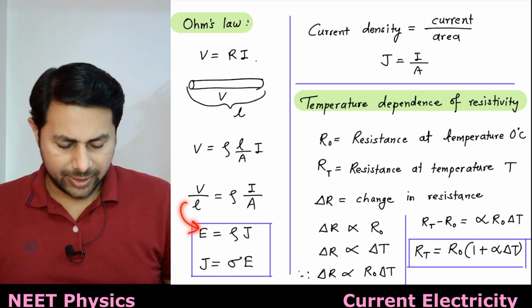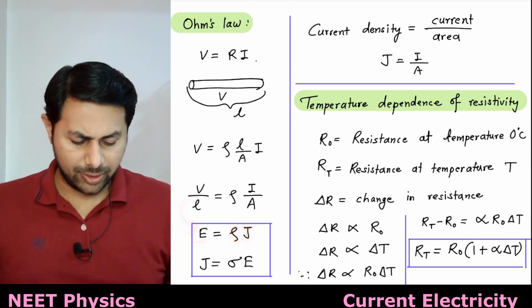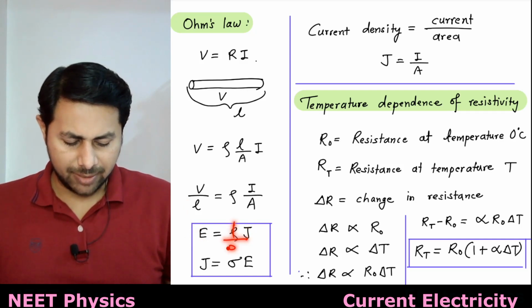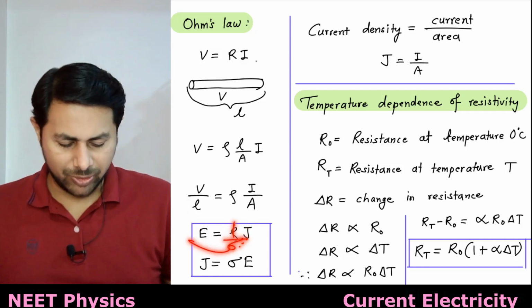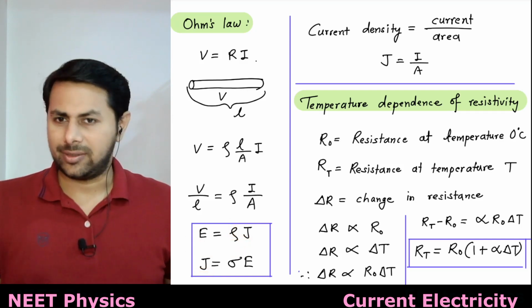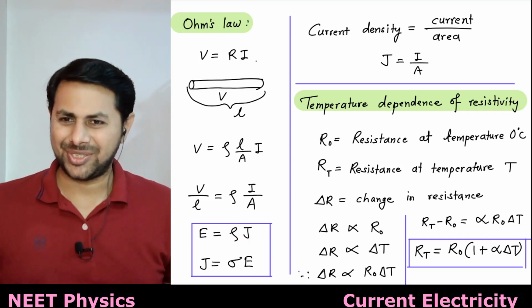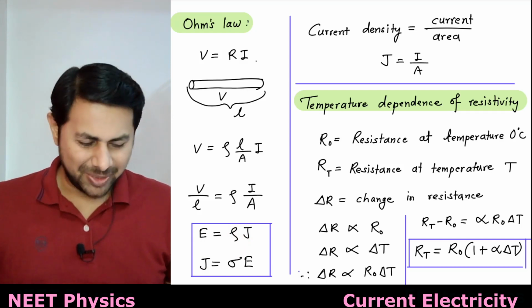Therefore you get this relation: E is equal to rho times J, or you can write rho as 1 by sigma and move that sigma to the other side. So you get J is equal to sigma times E. We need to remember all these relations. A lot of relations are coming.